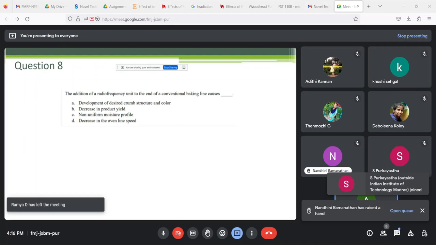Okay, so it's actually preferred to have a radio frequency unit at the end of the conventional baking line, because in a radio frequency unit you keep the food in between two electrodes and you pass radio frequency waves which will heat up your food sample.